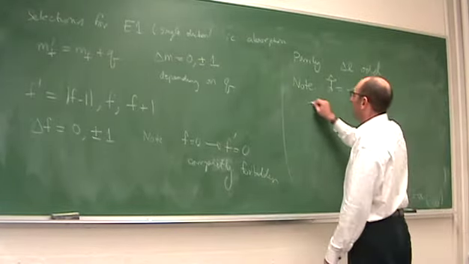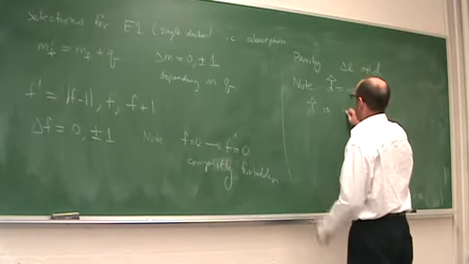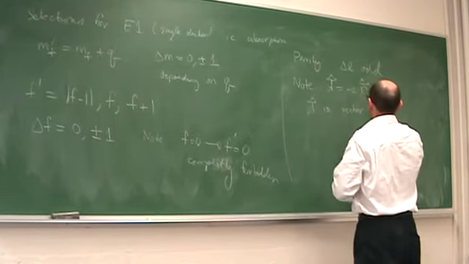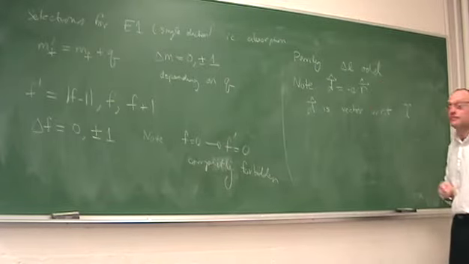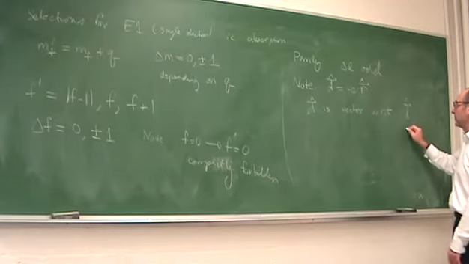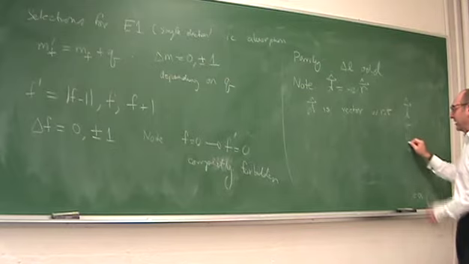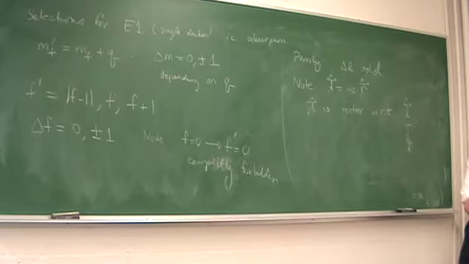D is a vector with respect to L. It is a vector with respect to J, and it is a vector with respect to F. That's why I was able to use the Wigner-Eckhart theorem with respect to F as a good quantum number.